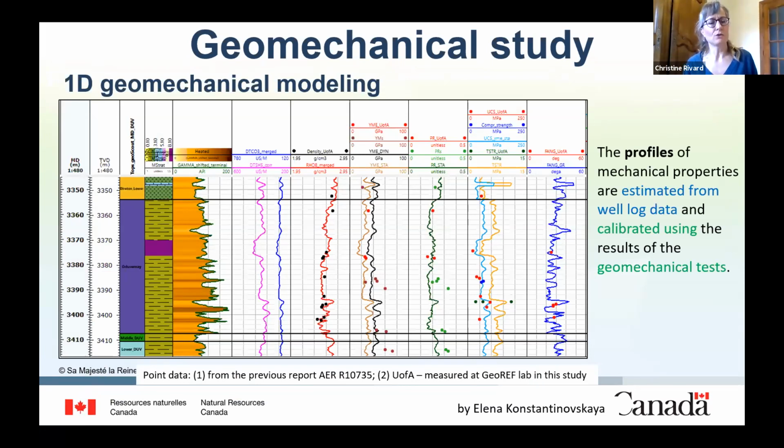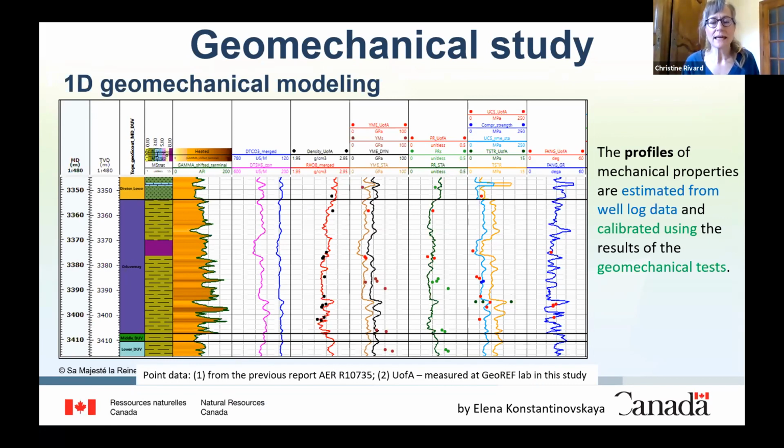1D mechanical earth models have been completed for 4 wells for the upper 3.5 kilometers. They provide, as I mentioned, continuous profiles of mechanical properties of rocks, but also of pore pressure and 3 principal stresses: vertical, and minimum and maximum horizontal stresses.